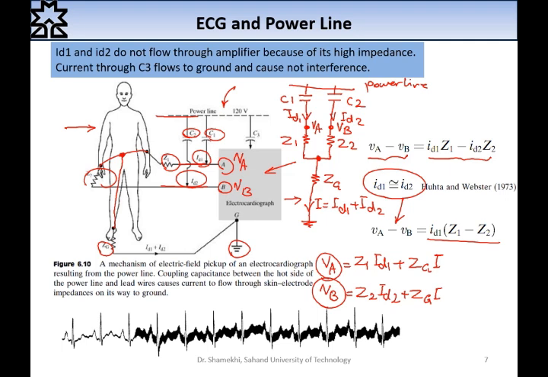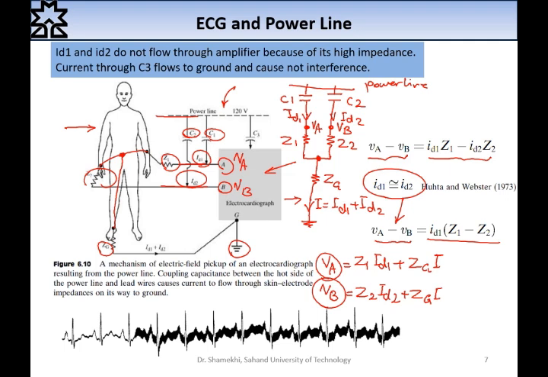And if we want this interference to go to 0, we need to minimize or zero this voltage. We should try to minimize, and the minimum voltage of the right hand of this equation is 0.